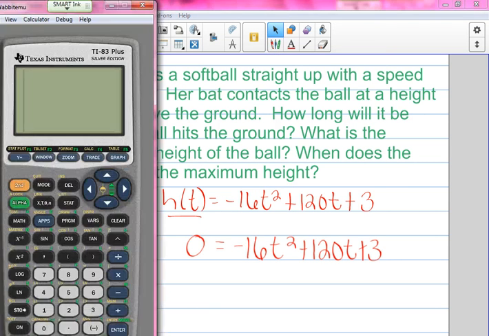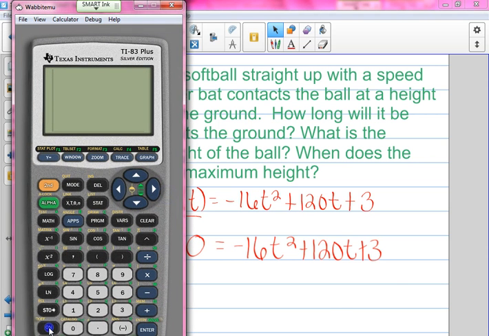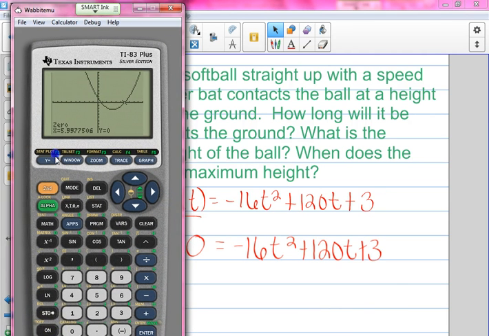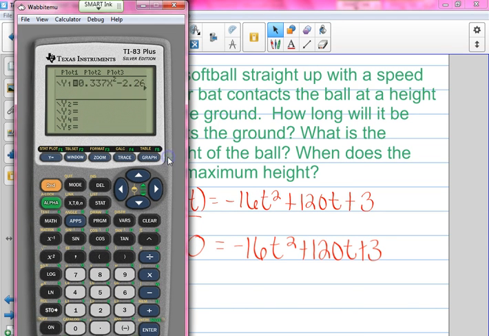So I'm going to put this in my calculator. And I told you if it's set equal to 0, then you have to find the zeros.